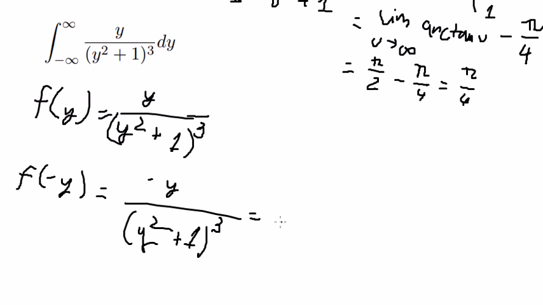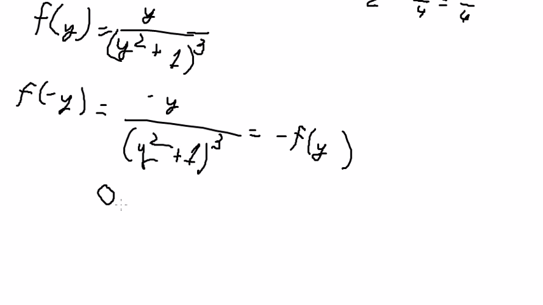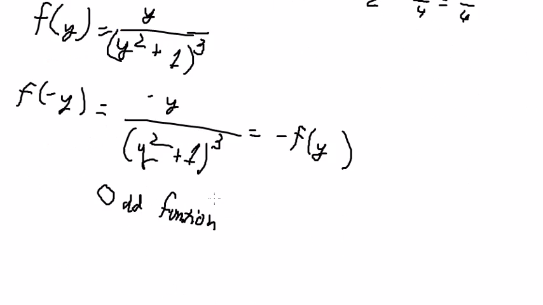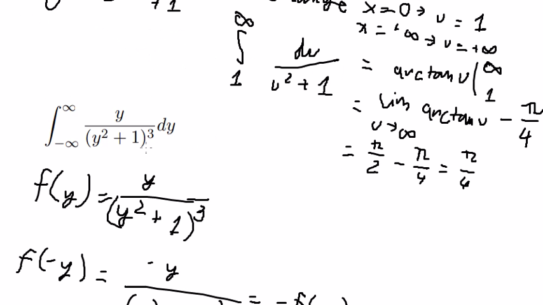So this is about negative f of y. So that's about odd function. Because they have the powers in here, we have infinity, negative infinity, but we have odd function. So that means you got about 0 in here.